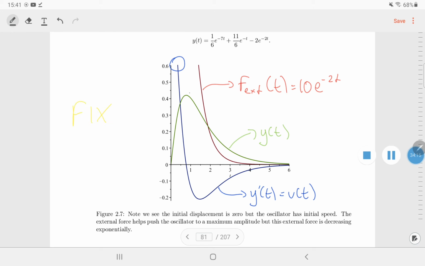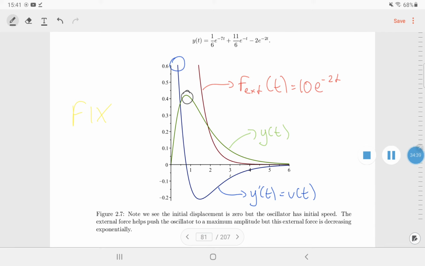Why does it reach a maximum? I'm finding it hard to explain myself. At that stage, if we look at the velocity, it's gone negative. Do you know what? I can't explain it, I'm afraid.